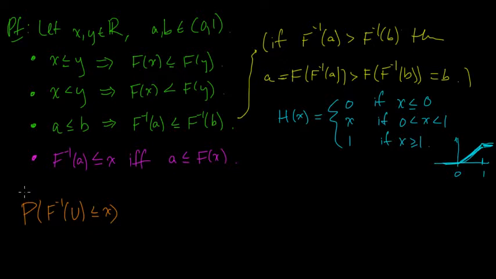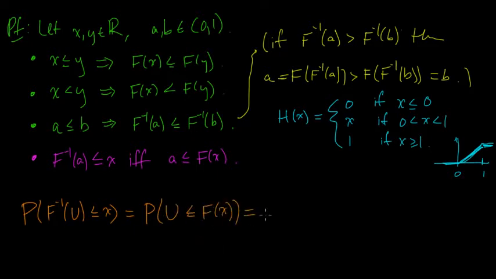Now we can apply the purple property here: f inverse of u is less or equal to x if and only if u is less or equal to f of x. So this equals the probability that u is less or equal to f of x.